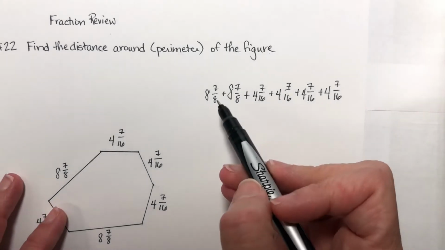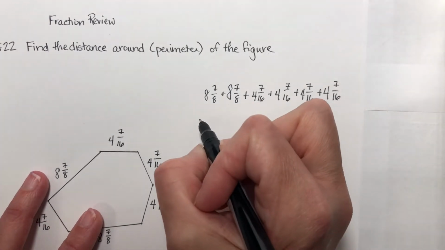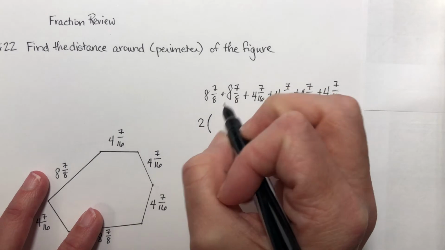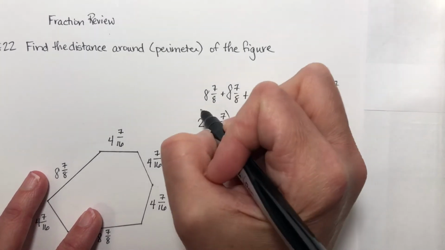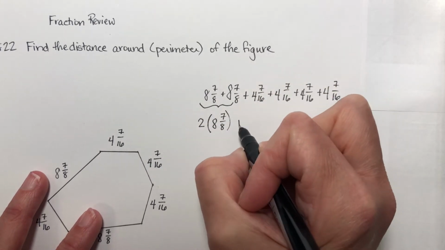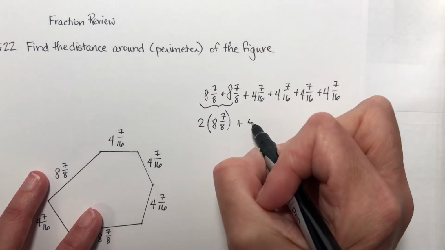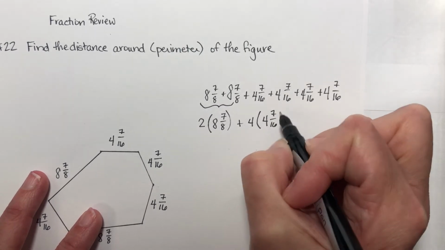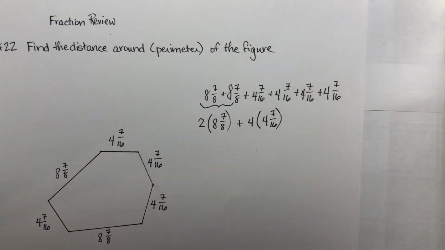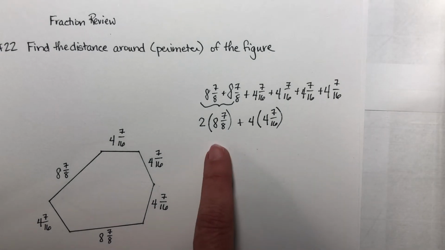Now, since this is a repeated addition, this would be the same thing as 2 times 8 7/8, because there are 2 of them, plus, since there are 4 of these, 4 times 4 7/16.